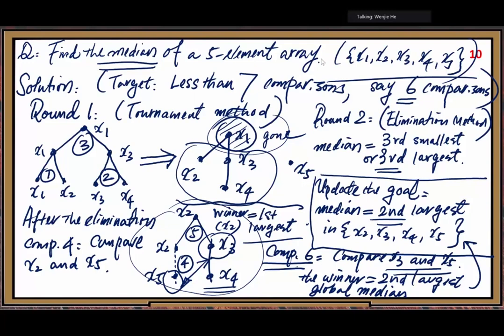To find it, between X2 and X5 you need to do 1 comparison, then 2 more after that. So total 6 comparisons. So we complete this example.